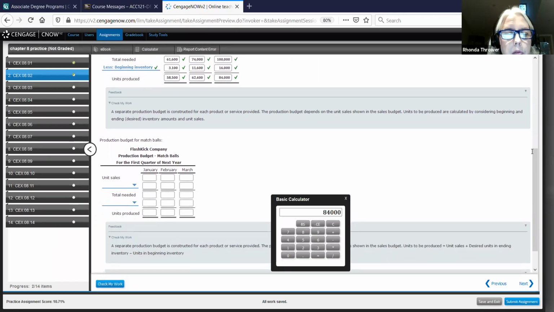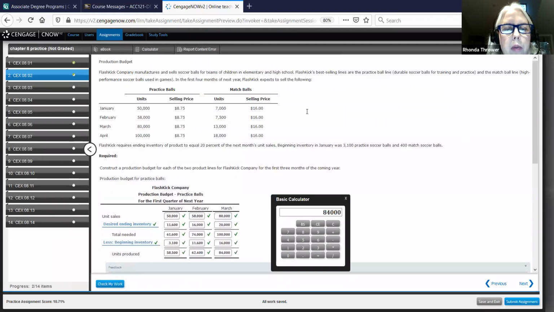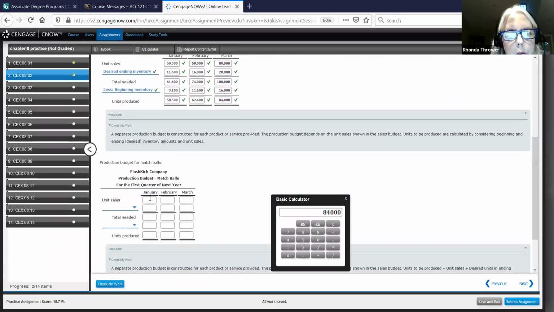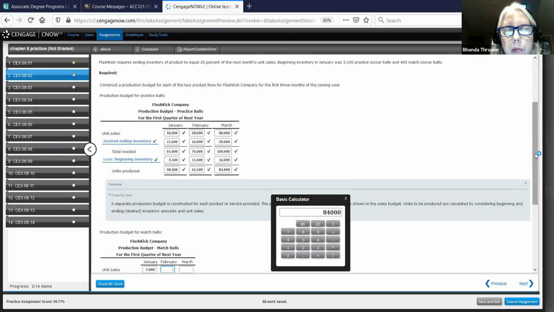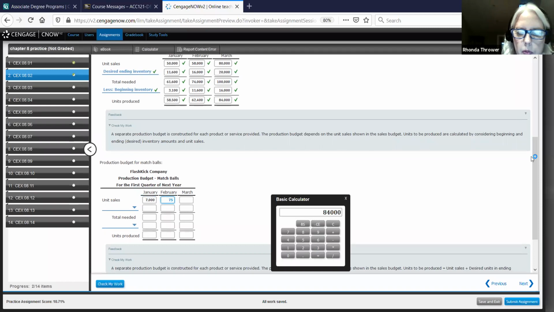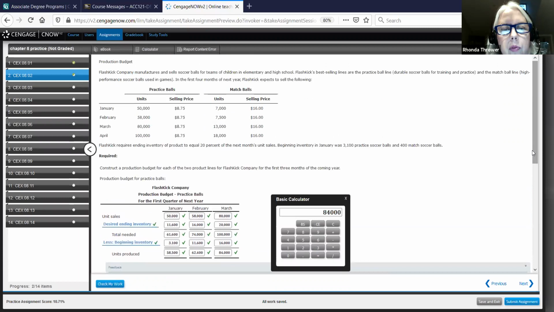And you're going to do basically the same thing for the match balls. So the match balls, the number of units that you sold was given to you, 7,000 for the month of January. For February, it was 7,500. And for March, it was 13,000.